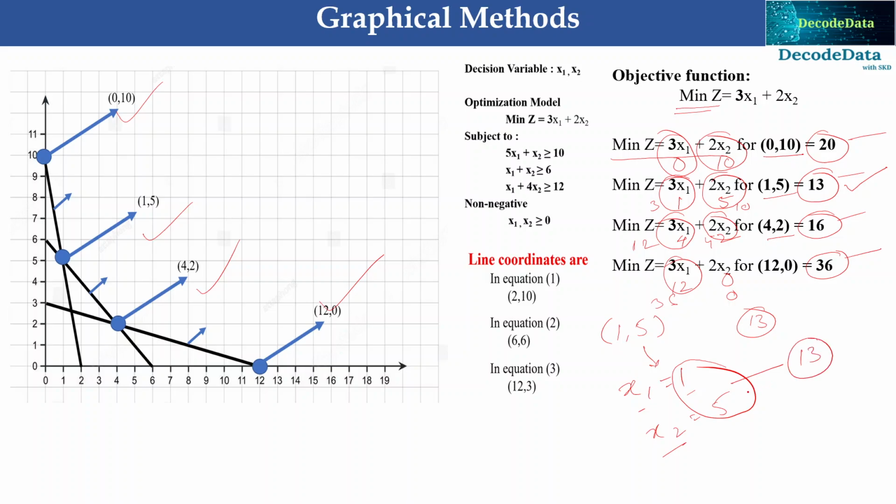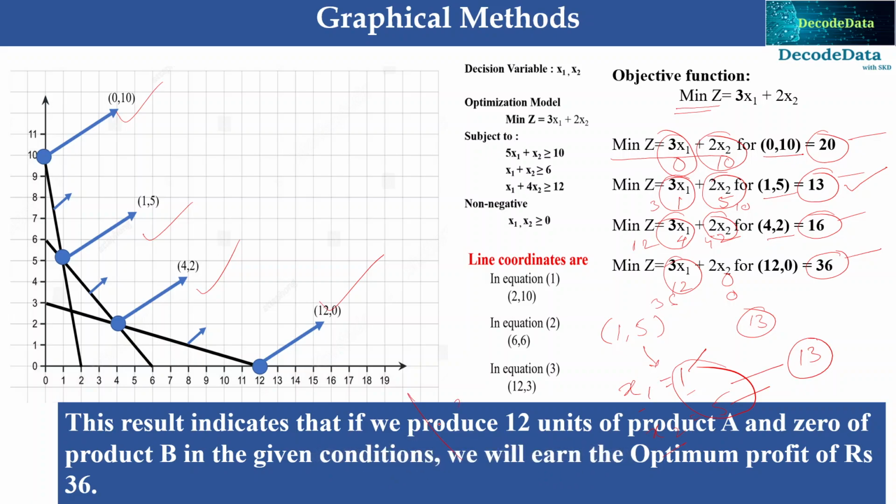This is the minimum cost you can achieve subject to the given constraints, and in this case you have to produce 1 unit of x1 and 5 units of x2. So this is minimization with the graphical solution. You need not go for this one, because I mentioned a wrong unit, so don't consider this.